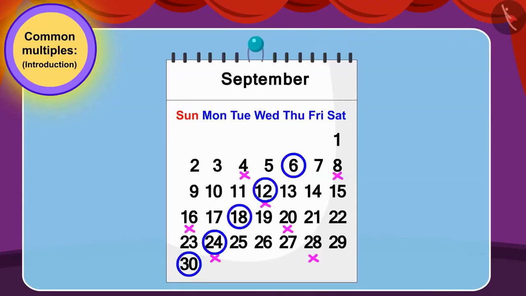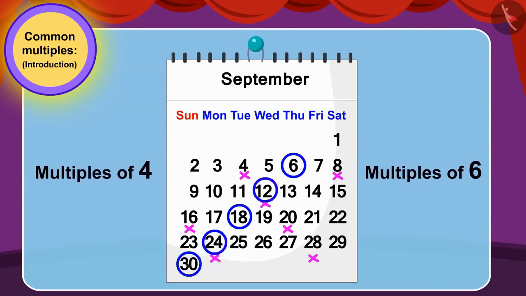We can find the answer in this way by finding common multiples of 4 and 6. We can see that the numbers 12 and 24 are common multiples of 4 and 6. So Bablu's math and science classes will be held on 12th and 24th simultaneously.